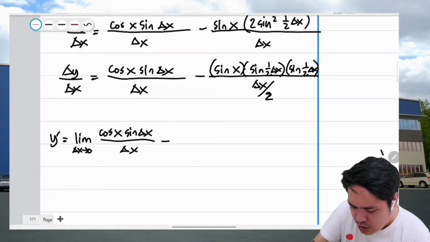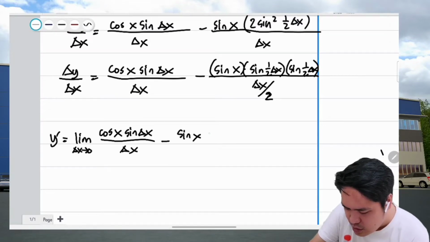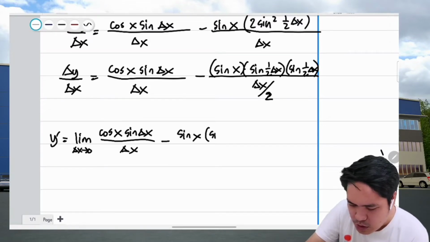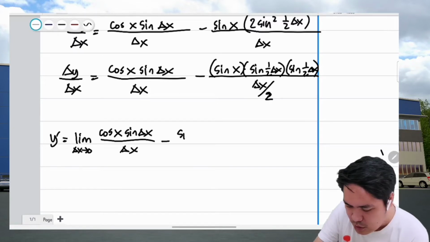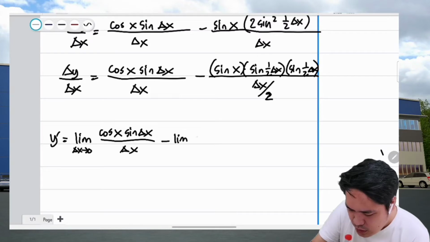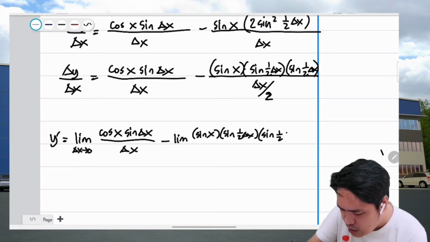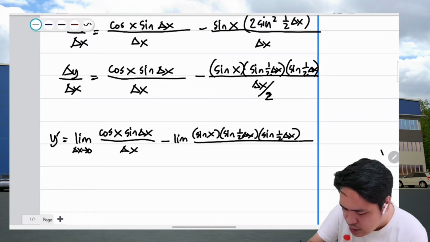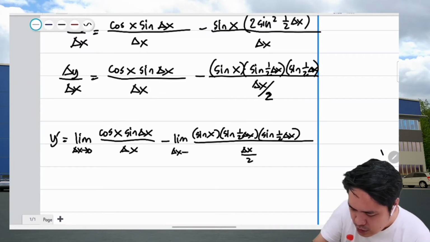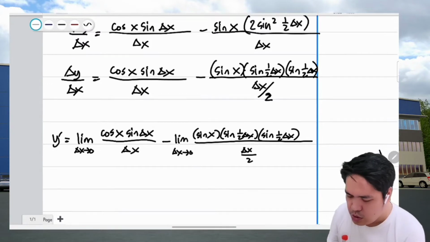And then minus the limit of sine x times sine 1/2 delta x times sine 1/2 delta x over 1/2 delta x as delta x approaches 0.